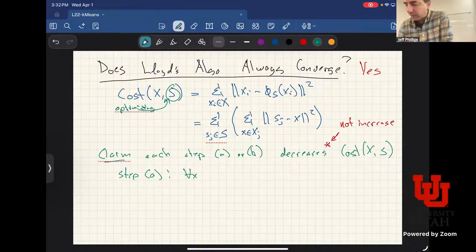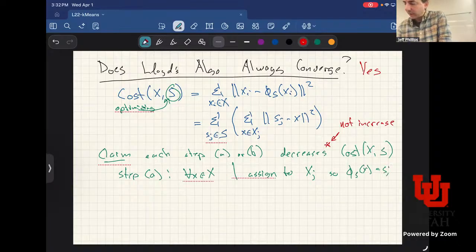So for all x in the data set, I'm going to assign phi of S of x equal Sj, and this is the closest site, right? So I'm mapping it to the closest site.